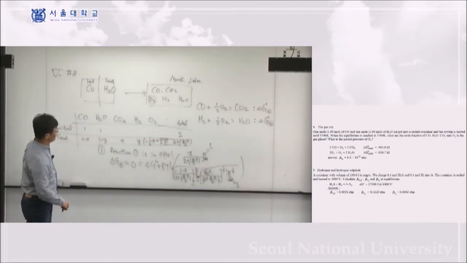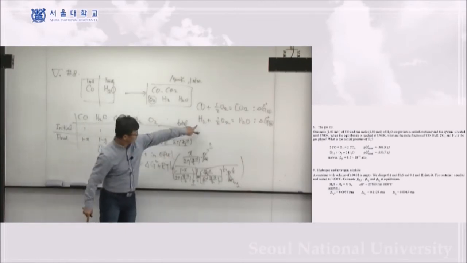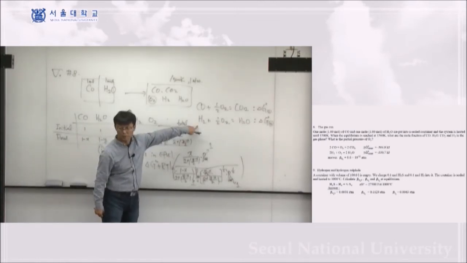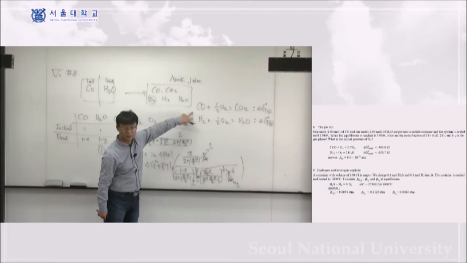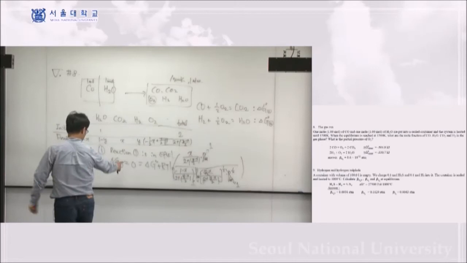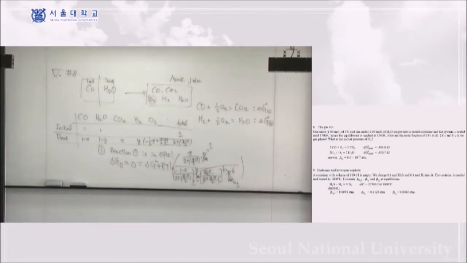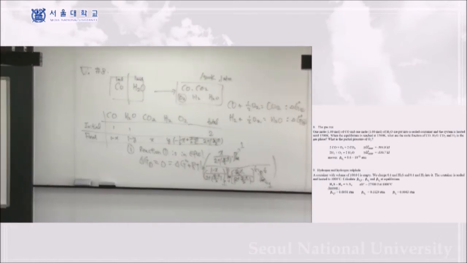And then the second equation we can think about is, we can do the same thing for H2, H2O. Or, we can do a combination of this one. Okay, so if I do the same, the second equation as the other independent equation, then delta G2, so chemical reaction 2 is in equilibrium.